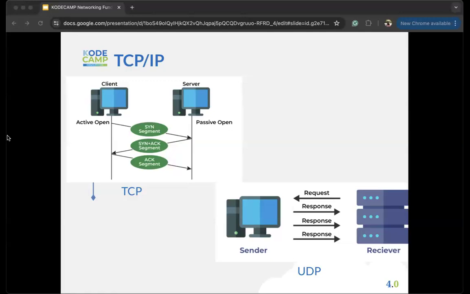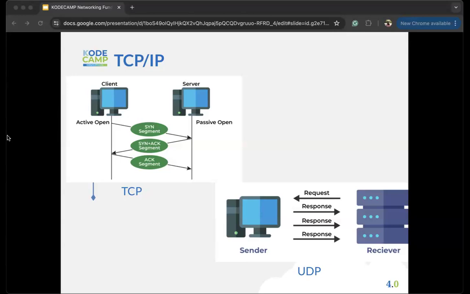And it creates a more reliable transfer than a UDP transfer, where the client makes a request and the server sends the response. There is no prior handshake or acknowledgement, so some data packets can be lost here with UDP.